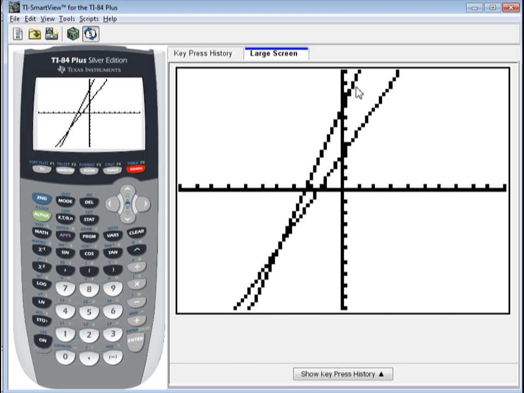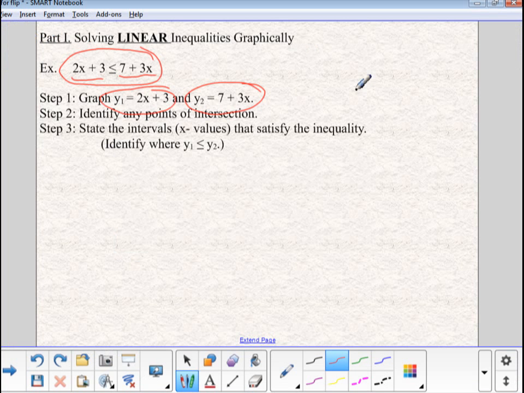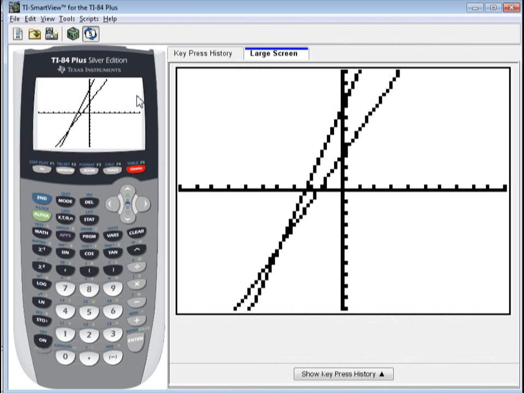So the question we're trying to answer is, I'm going to go back to this, when is y2 bigger than y1? In other words, when is it bigger than or equal to? When is this one bigger than or equal to this one? So I just want to know when y2 is bigger than y1. So on this graph, it's very easy to see that if you pick an x value, let's say here, if I look down, the y1 value is higher than the y2 value, so it's not true there. y2 is smaller, it's lower.